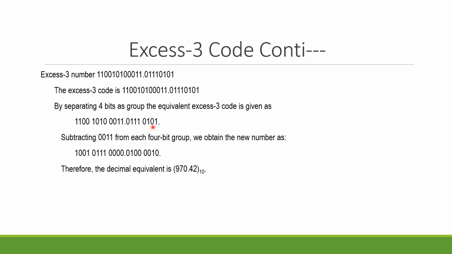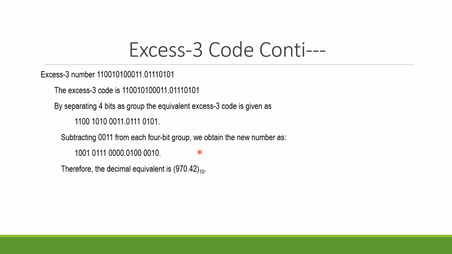Now we are going to subtract 3 from each 4-bit group. When we subtract 3, that 3 must be in binary, and it can be written as 0011. So we simply subtract 0011 from each group: from this group, from this group also, from this as well as this.